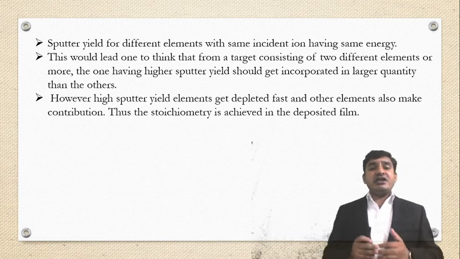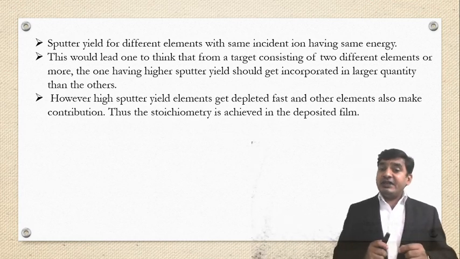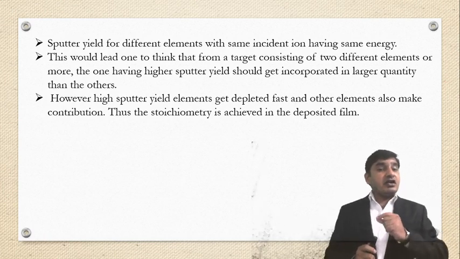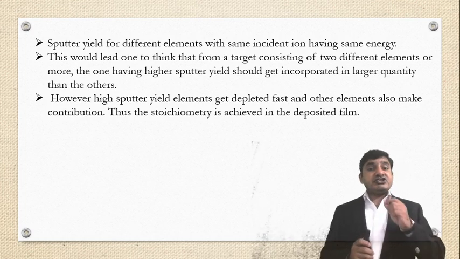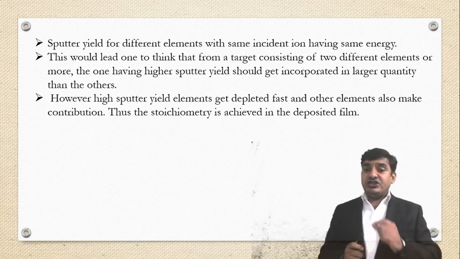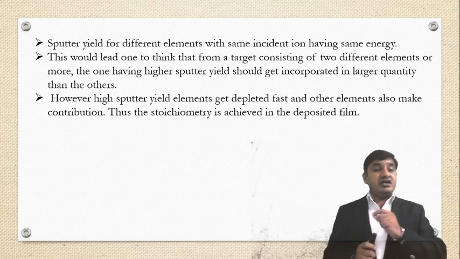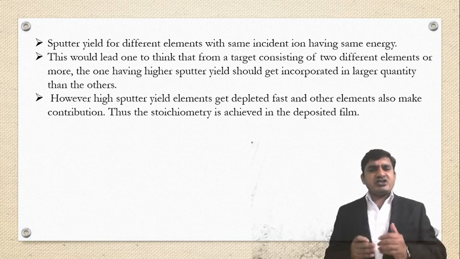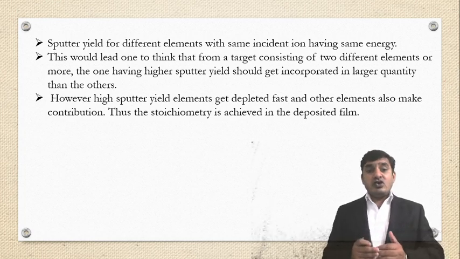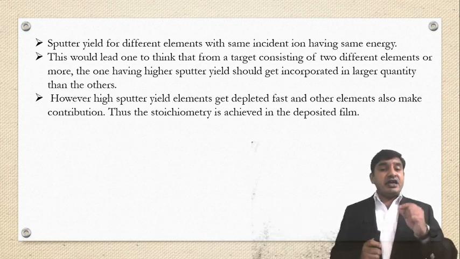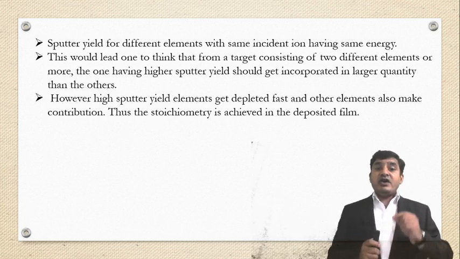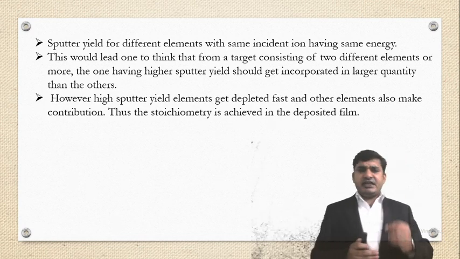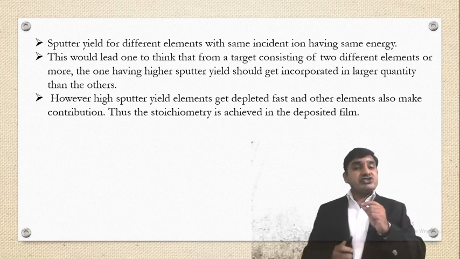However, the high sputtering yield element gets depleted fast, and the other element also makes a contribution. Thus, stoichiometry is achieved in the deposited film. The question can be asked why a thin film produced by the sputtering technique has high stoichiometry.